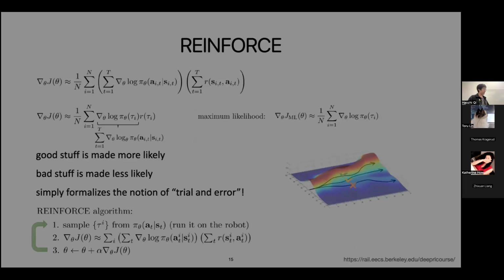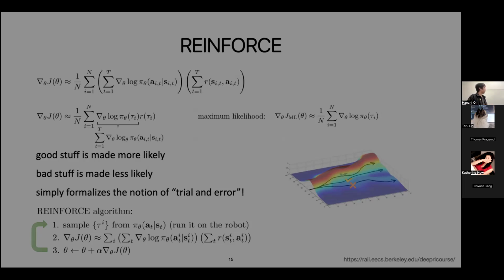After some very interesting and clever mathematical derivations, it turns out it's relatively easy to take the gradient of that objective, and you get a term very similar to a supervised learning term. As a result, it's also very easy to implement in modern PyTorch libraries.